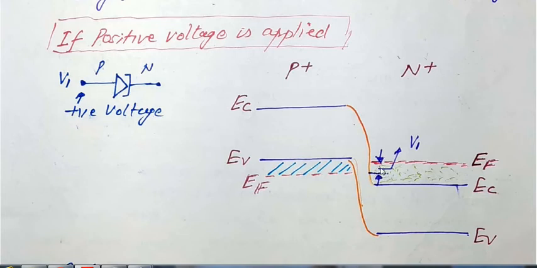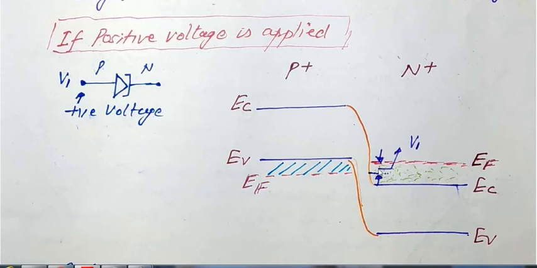The N plus side has this EF, this level, and the P plus side has this Fermi level, and the difference between these two levels is shown here, and this difference is equal to the applied voltage, that is, in this case, V1.